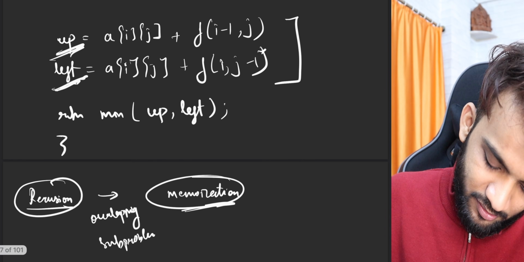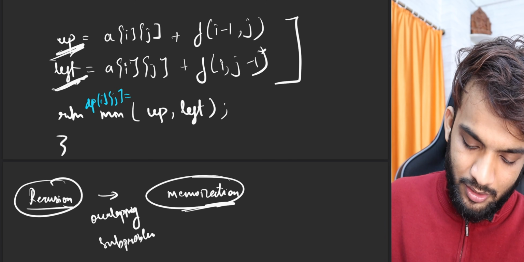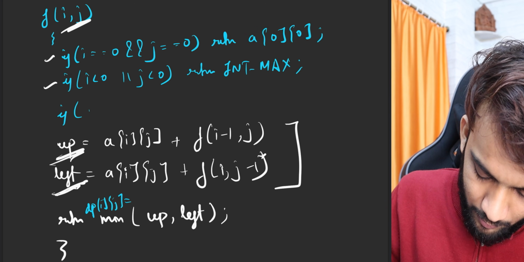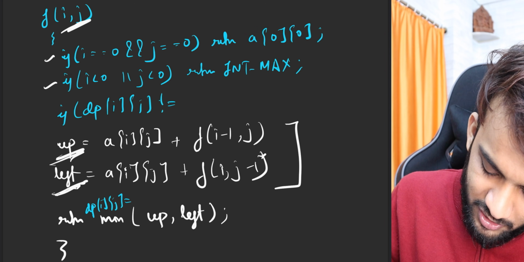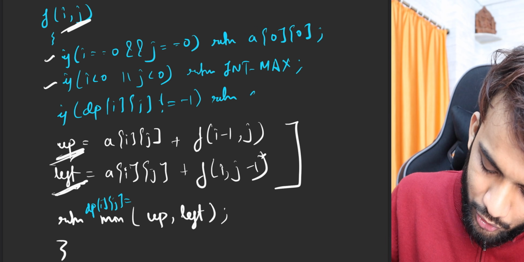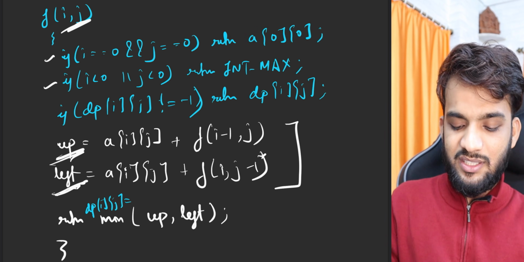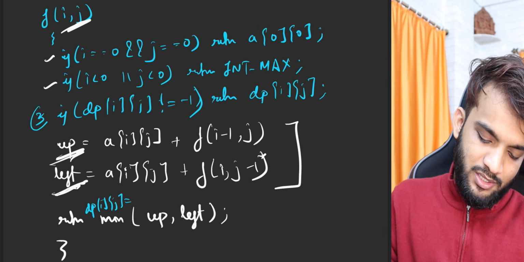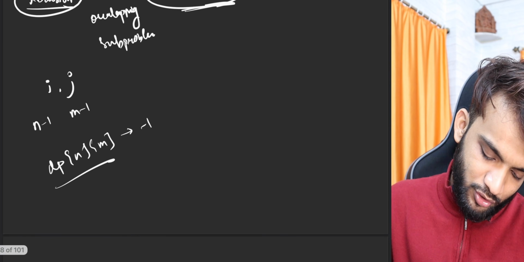After that, right before the result, store it and return. And before calling the recursion, if that state has been previously visited, why don't you return that visited state? So step 1 is the declaration, step 2, step 3.